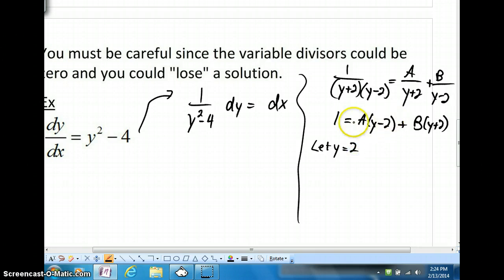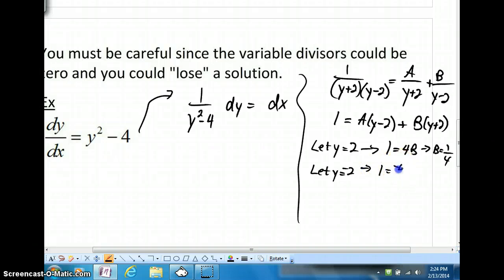A 2, and that would allow us to go to 1 equals 4b, or b is equal to 1/4. Hey, that's not so bad. And what else could we let y equal? Negative 2. And then if y is equal to negative 2, the expression with the b cancels out, leading us to 1 equals negative 4a, leading us to a equals negative 1/4.